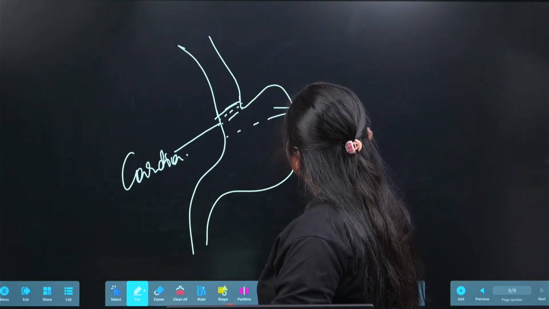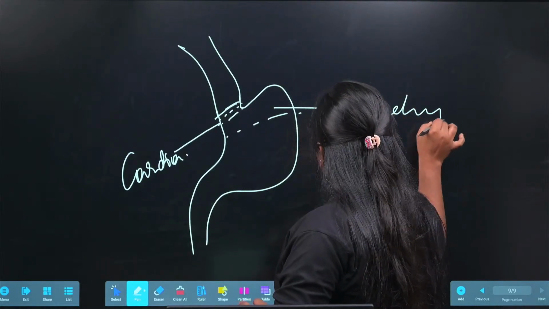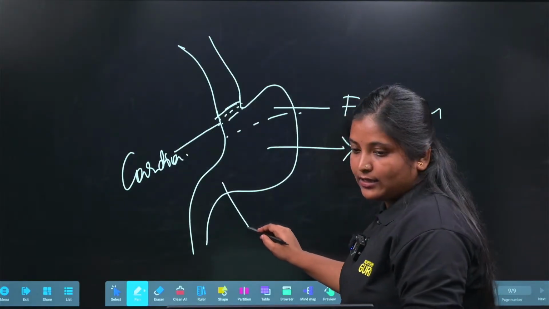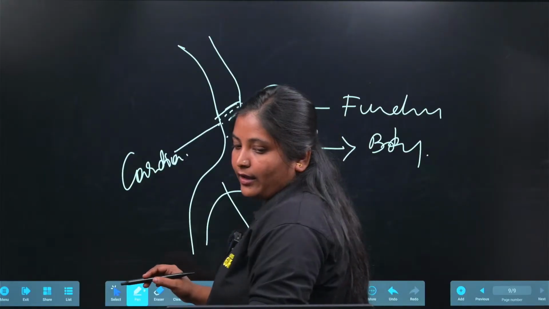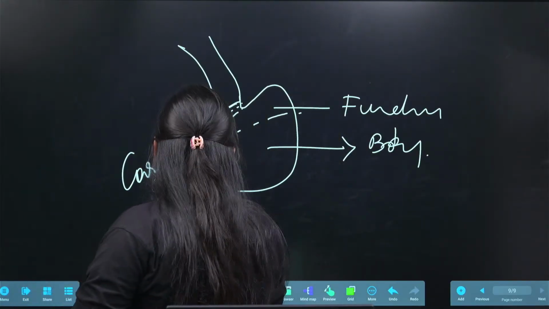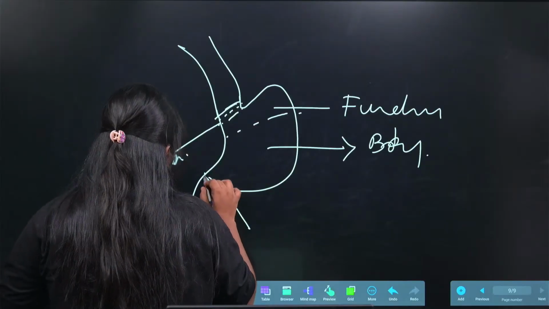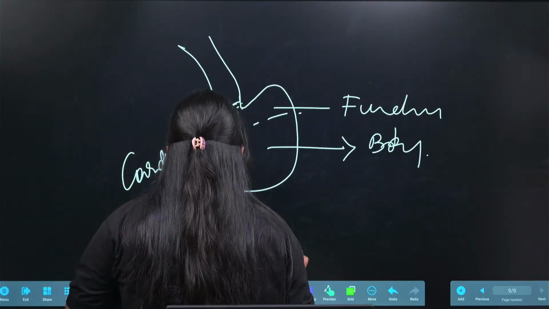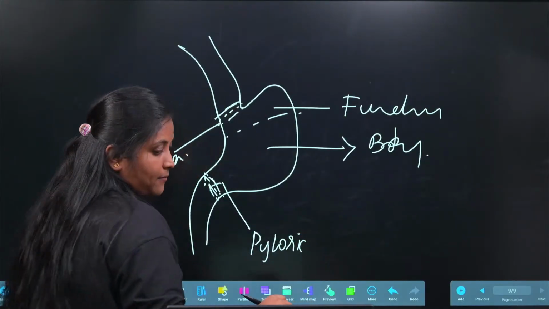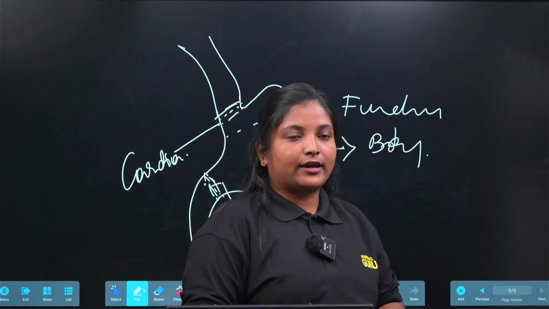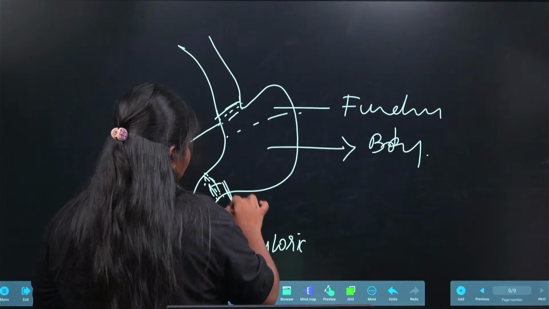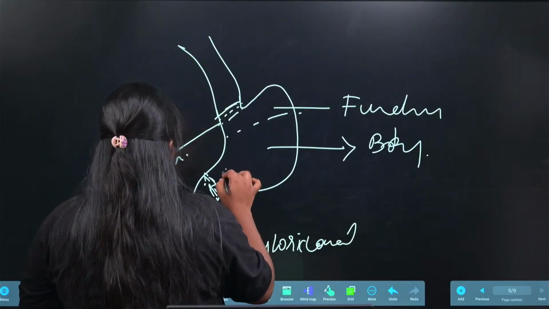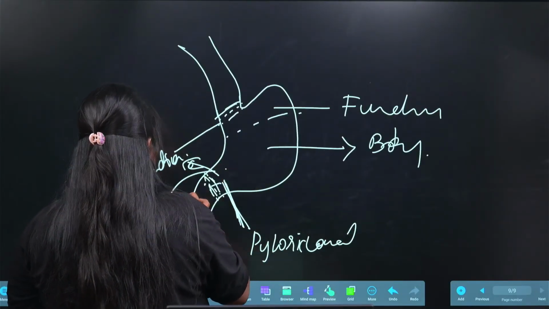Upper part is the fundus. This is the body. Then this one is the pyloric canal. This is the pylorus.